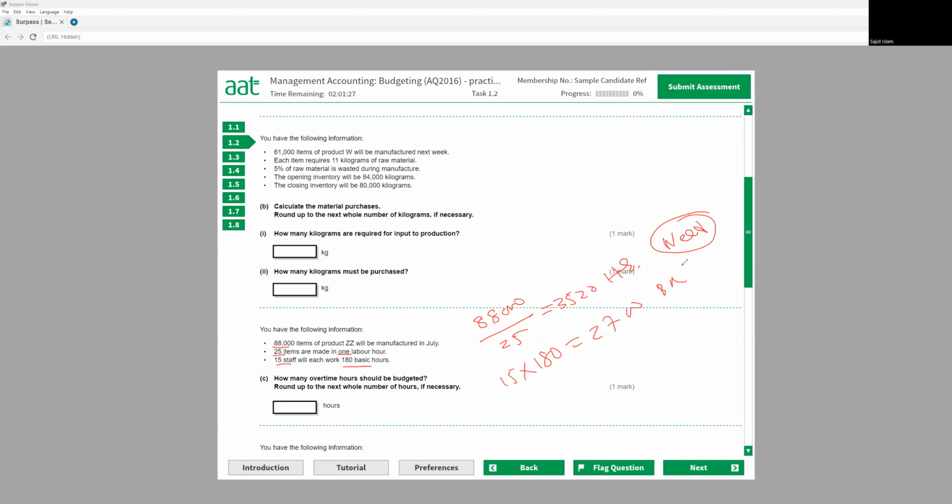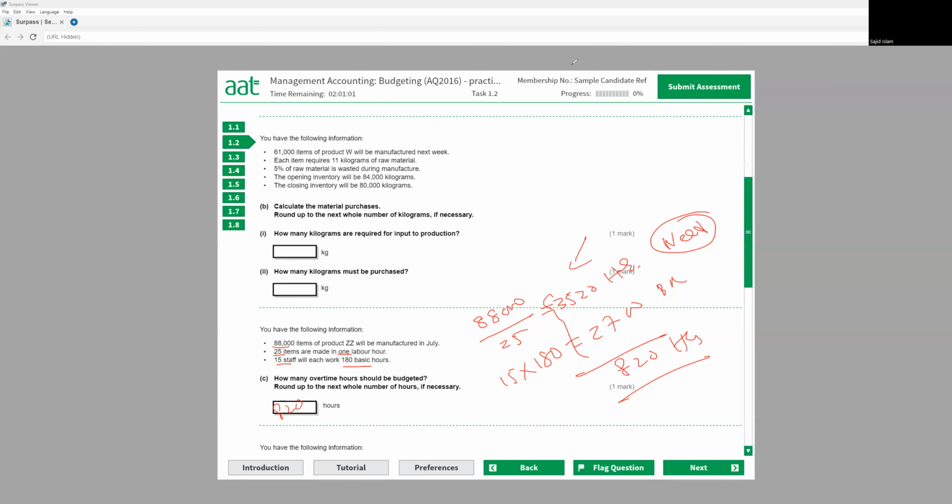If I want to see the difference between these two, I need 3,520 hours, but I have only 2,700 hours. So for the rest of the hours I have to plan overtime. So this is 820 hours. This is overtime, the difference between how many basic hours I have and how many hours I need to make the production.